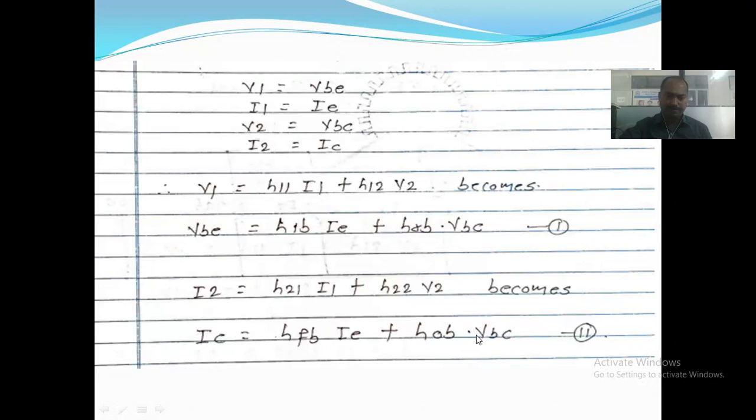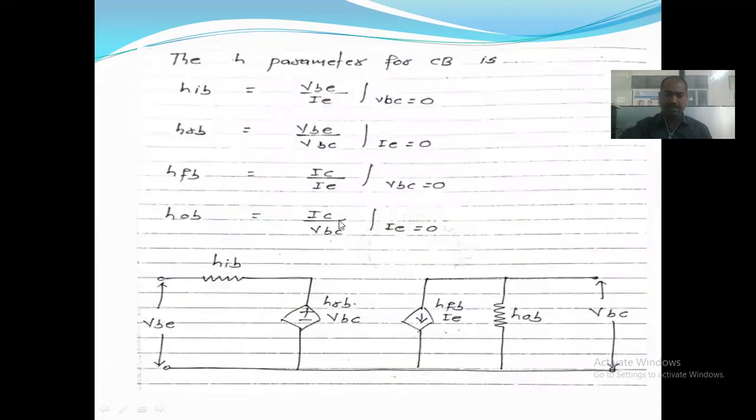To find out the HOB, we make IE equal to zero, so the whole first term is zero. So HOB equals IC divided by VBC when IE equals zero, right? This is the calculation for the HOB.